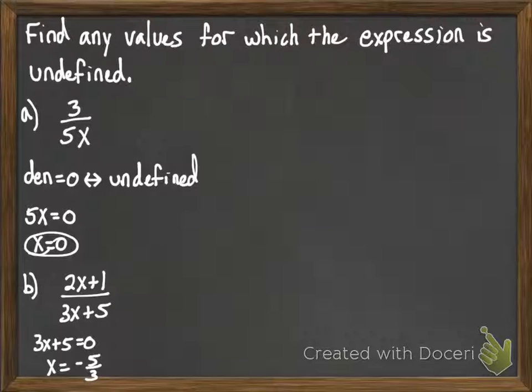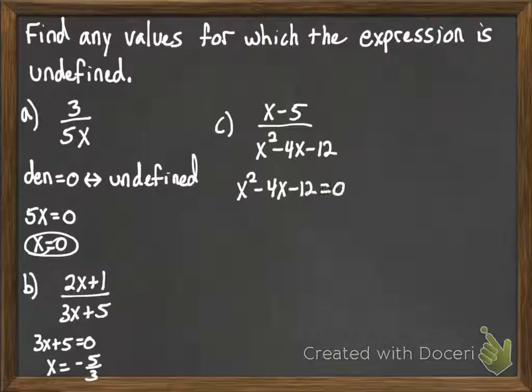Okay, one more example of answering the question, for what values is the expression undefined? Consider the expression x minus 5 over x squared minus 4x minus 12. The numerator doesn't contribute to being undefined. Again, we only look at the denominator. So we set that denominator equal to 0. And notice now we have a second degree polynomial equation. And so now I would ask you to take a moment and try to factor it.